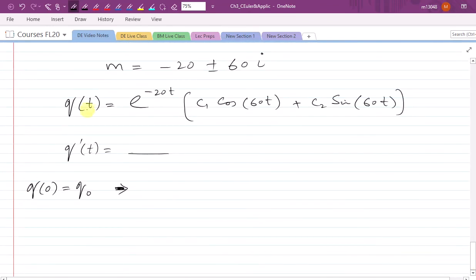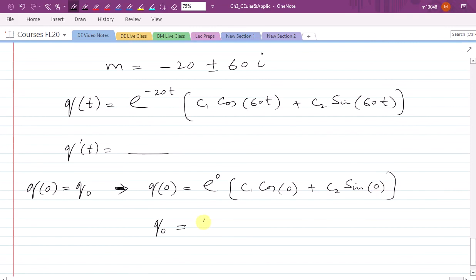When we put t equals 0, q becomes e power 0 into c1 cos of 0 plus c2 sine of 0, and that is q naught, since it is given that q of 0 is q naught. E power 0 will become 1, cos 0 will become 1, and sine 0 will go to 0. So c1 is the only thing surviving, and that gives us the value of c1 as q naught.